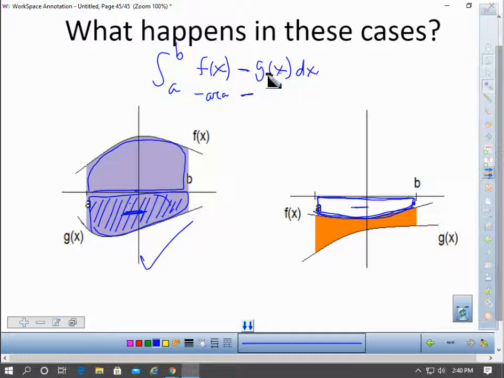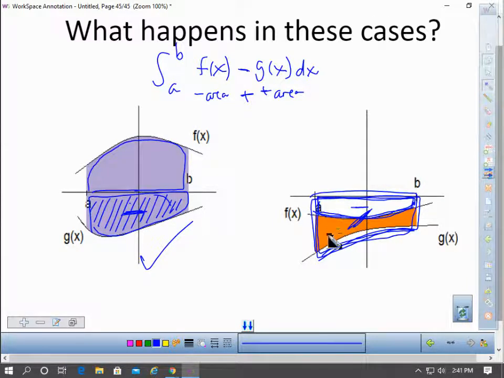Then I'm going to find minus the area of g of x. Well, g of x is this curve. And its area to the x-axis is also going to be a negative number, minus a negative area. And so you're going to end up adding the area of the larger one, right?